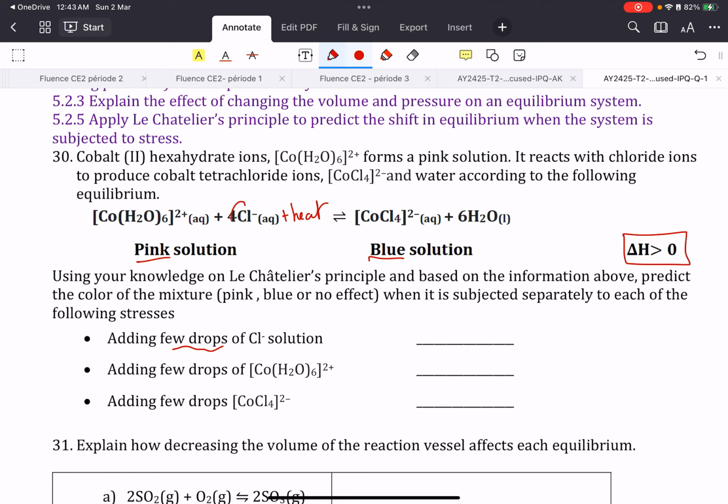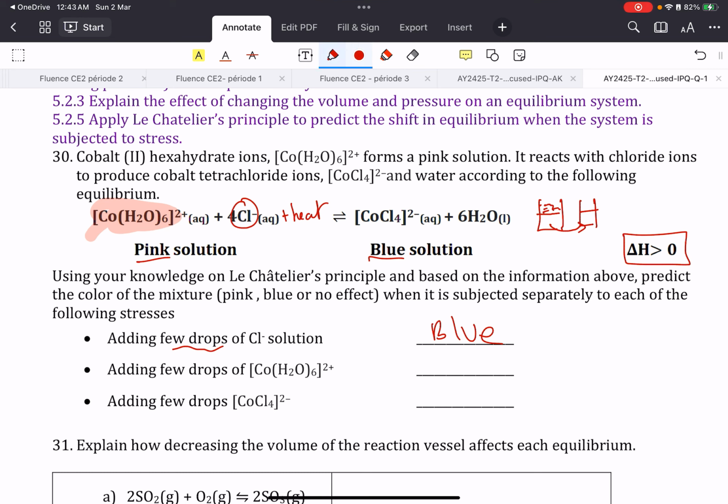Cl minus, we are adding Cl minus. Whenever I add Cl minus, the equilibrium will shift forward toward the blue direction to remove what was added. Now add a few drops of cobalt hexahydrate ion, which is this one.